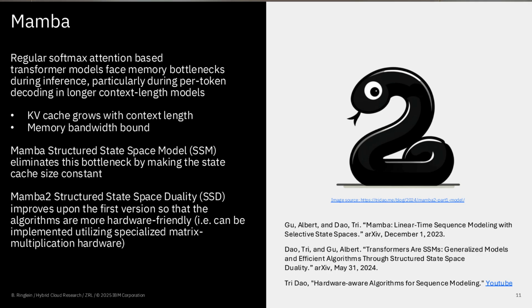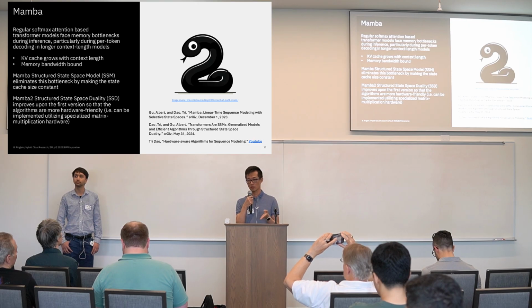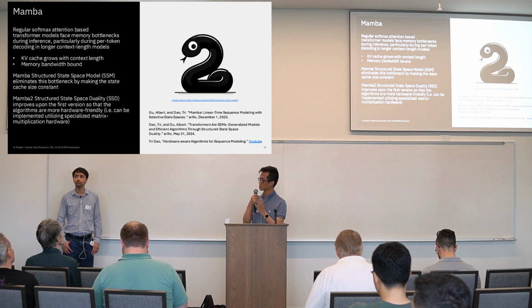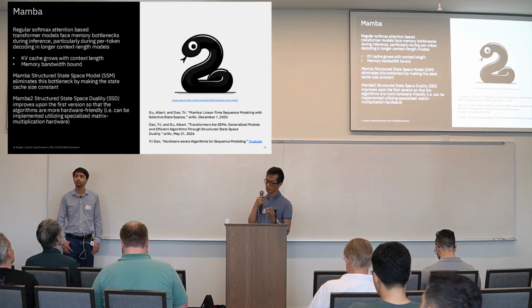And the KV cache size actually grows when you generate more tokens. Because of that, you can imagine the attention kernel is gonna become slower and slower as you generate more tokens.